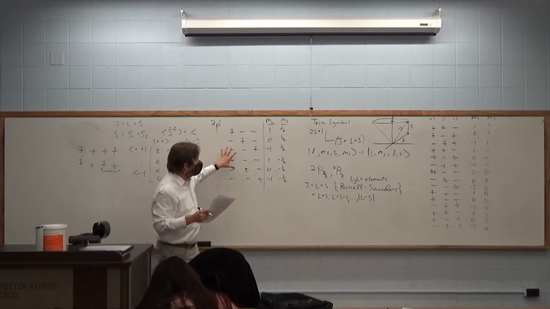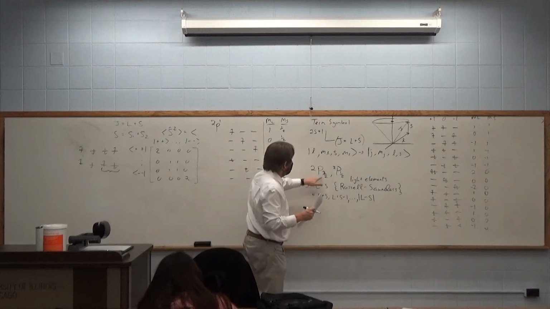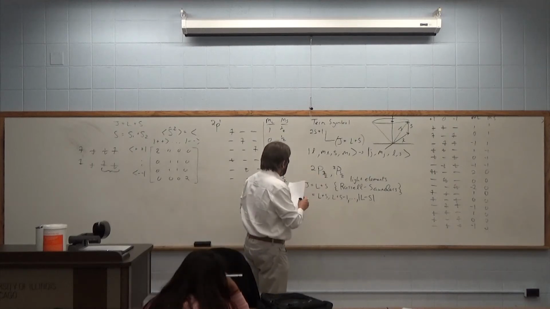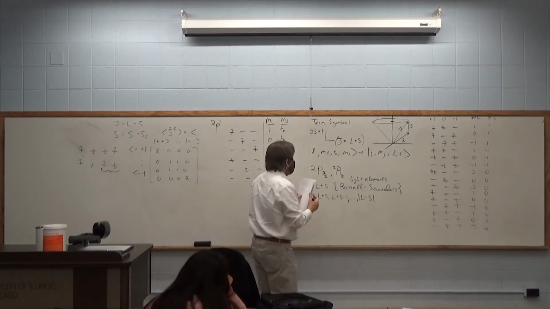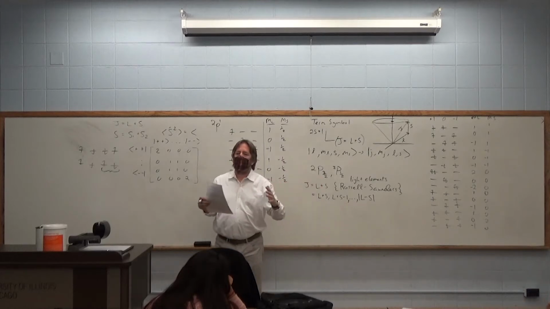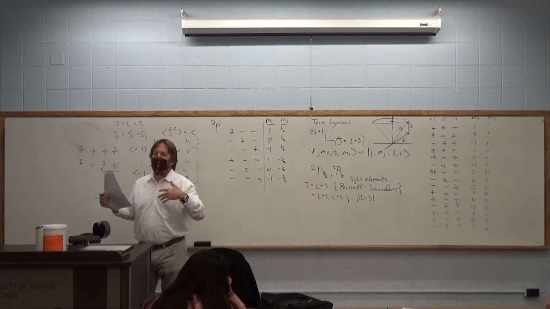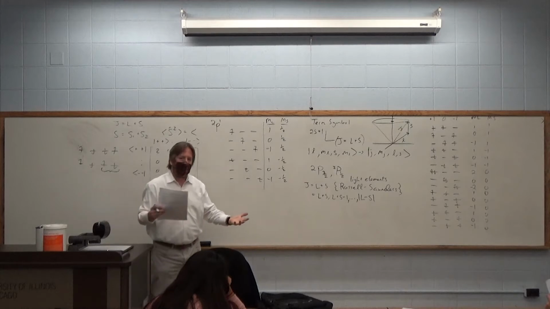Now, if we have 6 states, we better end up with 6 states, and recall that a p orbital has a px, a py, and a pz.